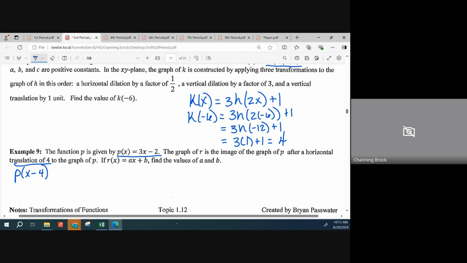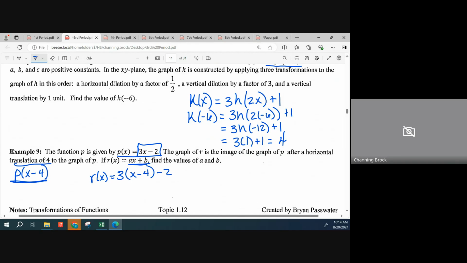Okay, so if I apply this to the equation, it's going to look like 3 times (x minus 4) minus 2. And that's going to represent r of x. Now, is this in the form that they asked me to put it in? No. What does it want me to do here?